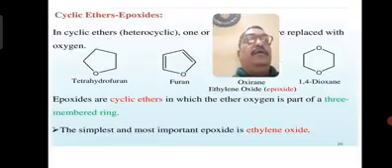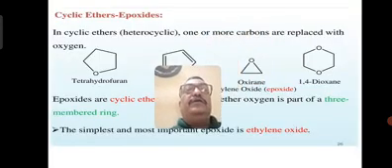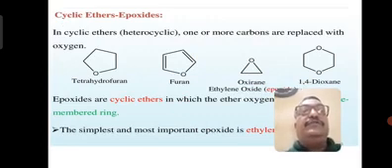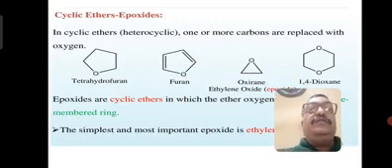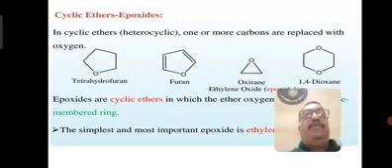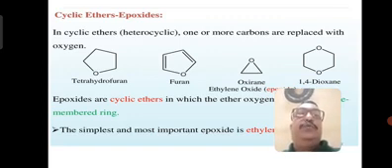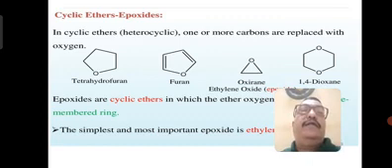Next you can see cyclic ethers, epoxides. That is a 5-membered ring containing an oxygen. It is CH2 CH2 CH2 CH2, 4 carbons with oxygen in between in the ring system, and it is called tetrahydrofuran. The first compound is tetrahydrofuran.